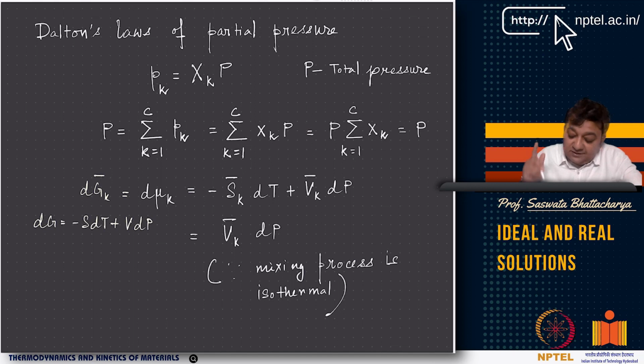As a result, dT equals 0. So the term minus Sk bar dT goes to 0, and you still have Vk bar dP. So d gk bar equals Vk bar dP.